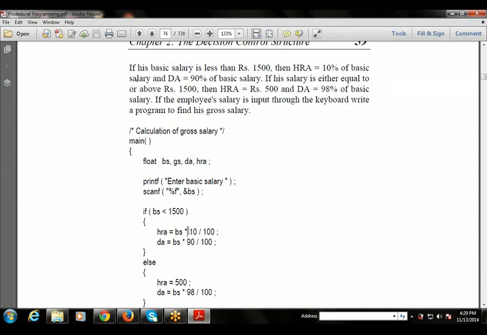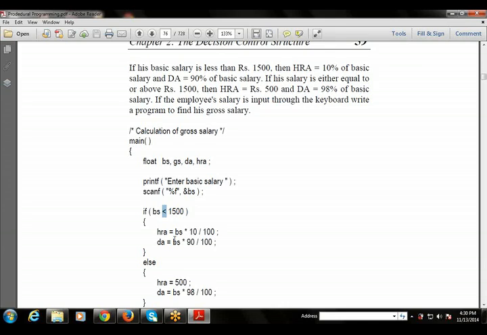So 10% means 10 divided by 100 multiplied by BS, and DA equals 90% of the basic salary. Else means if it is not less than 1500, then obviously it is either equal to or greater than 1500. So this is the second condition that comes with the help of else.